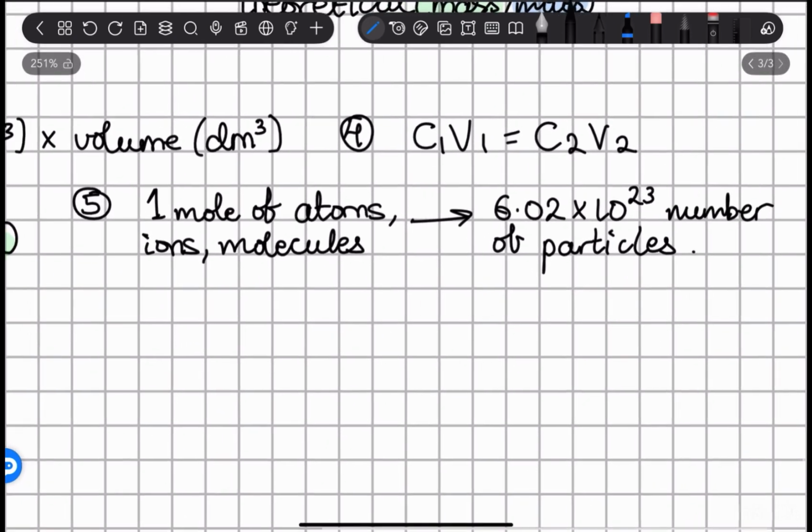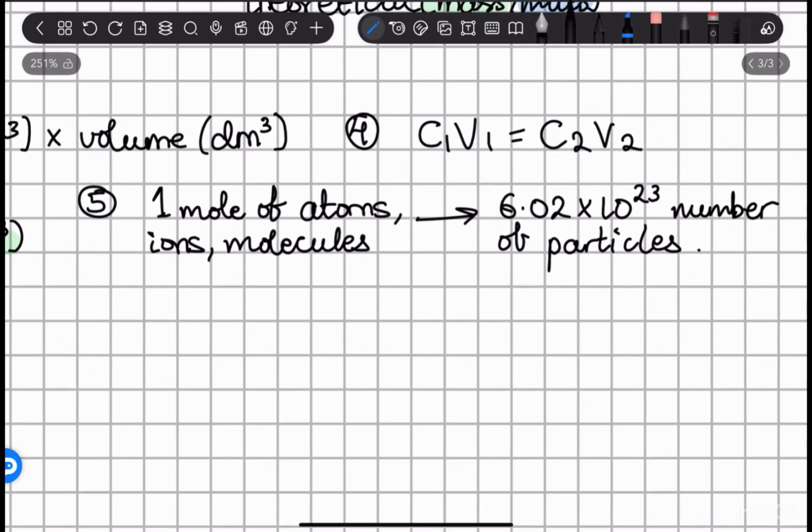Okay, so we have 1 mole of atoms, ions, molecules is 6.02 times 10 to the power 23 number of particles.